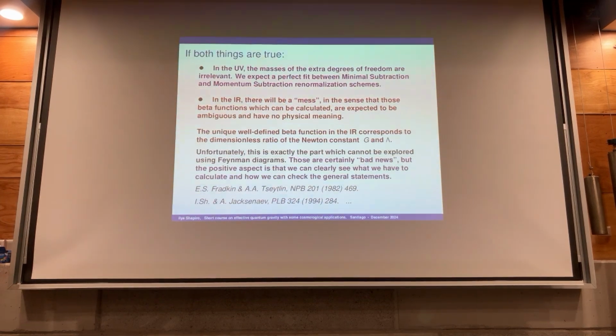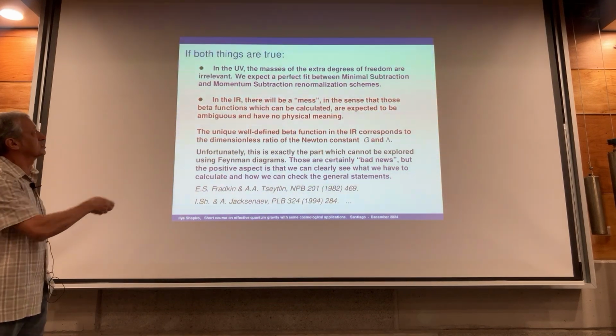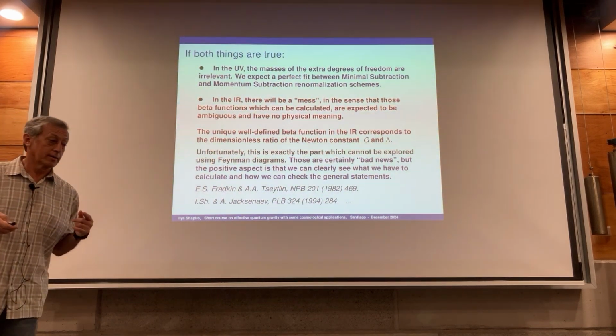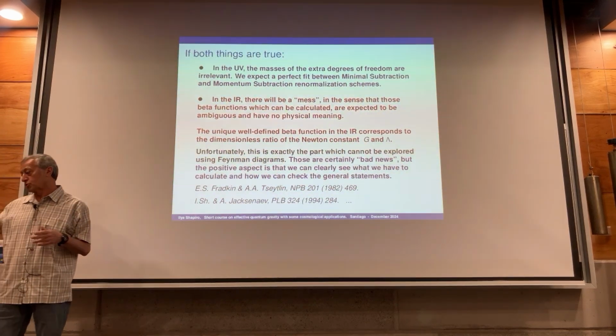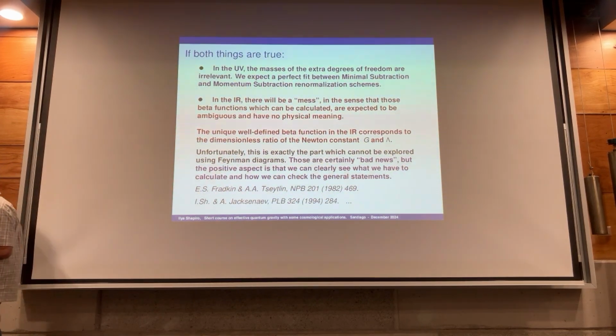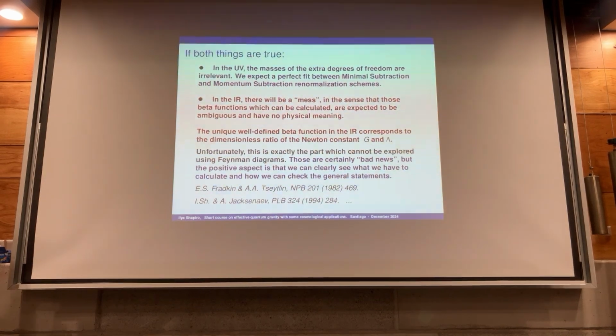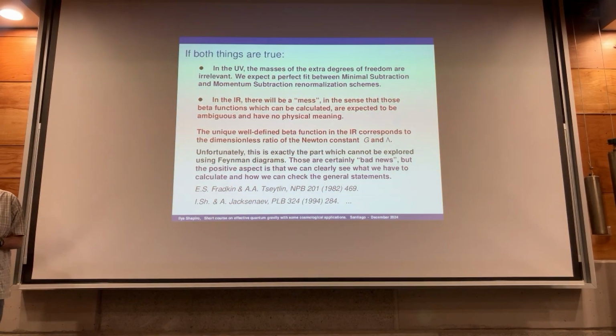So it means that in the ultraviolet, masses are irrelevant, and you need perturbativity about minimal subtraction. That is basically the idea of this Percacci, Donoghue, and Gabriel Menezes paper: that the ultraviolet limit can be defined in two ways.